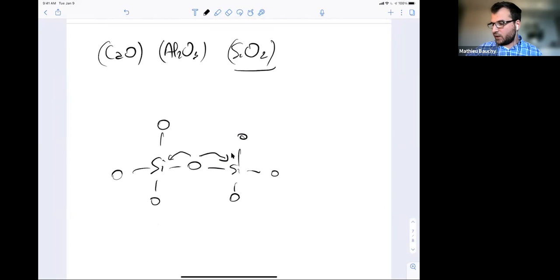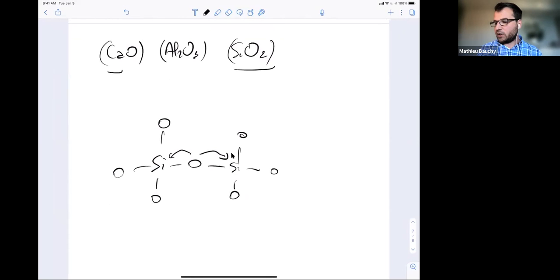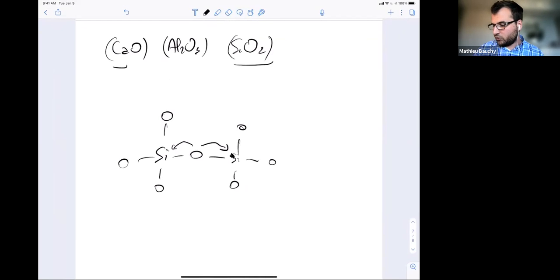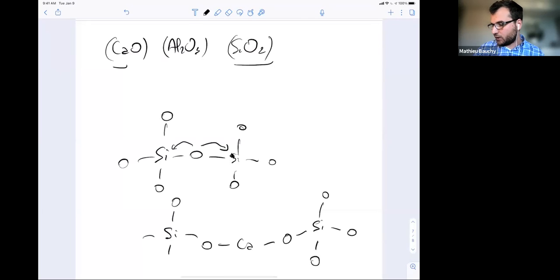And starting from there, there are two things that can happen. The first thing is that calcium is going to create some non-bridging oxygen. If you add calcium to that, calcium is going to break some bonds between the silicon atoms.